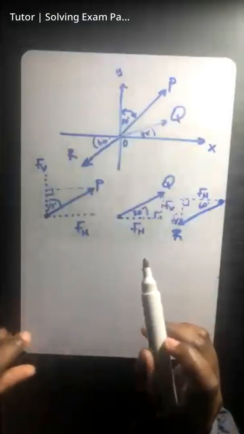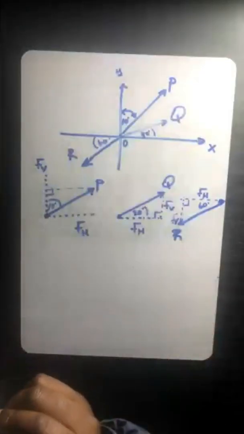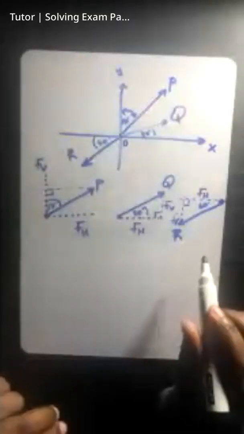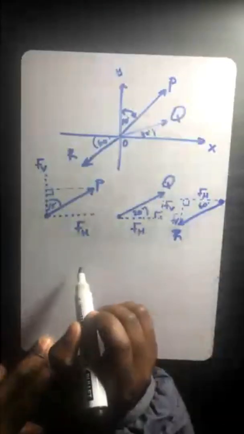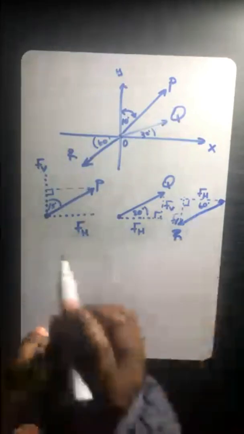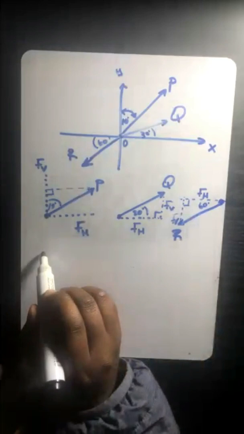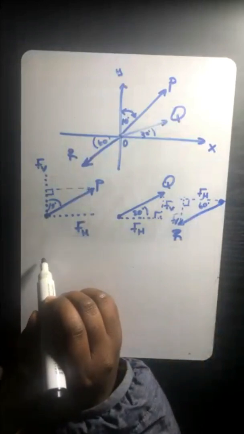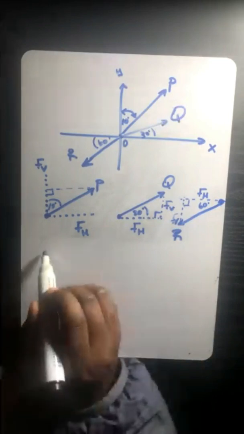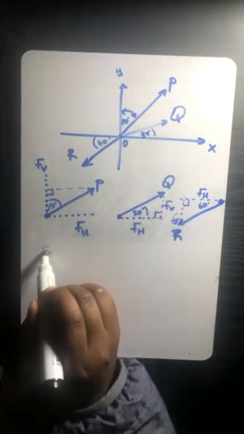So in this case, where you are dealing with forces at angles, just know that here you are now having a right angled triangle. Just know that when you have a right angled triangle, you have what we call... what is it?